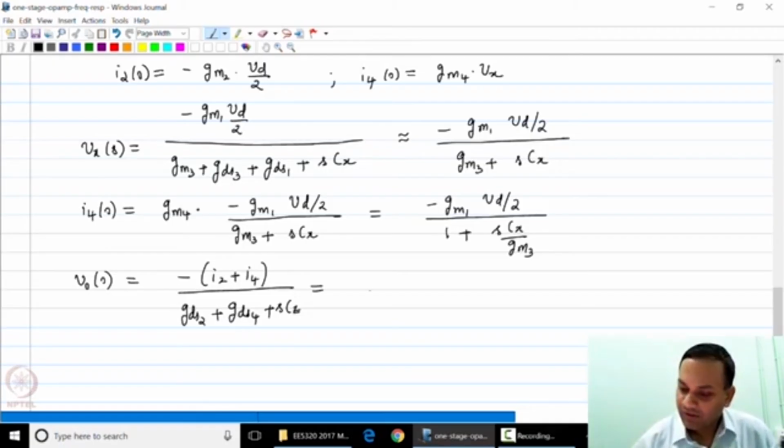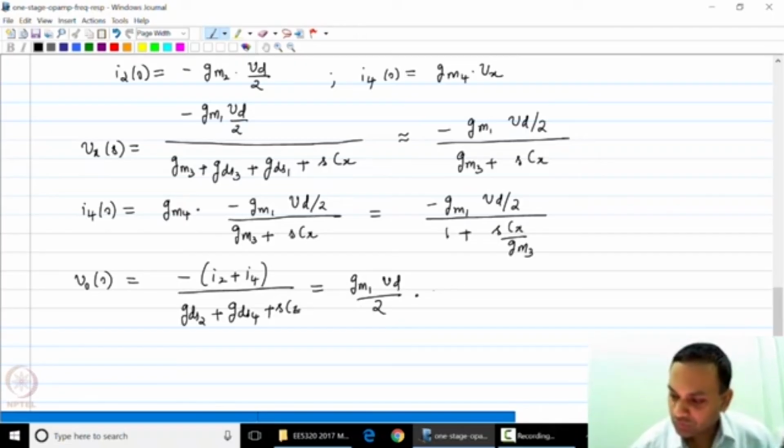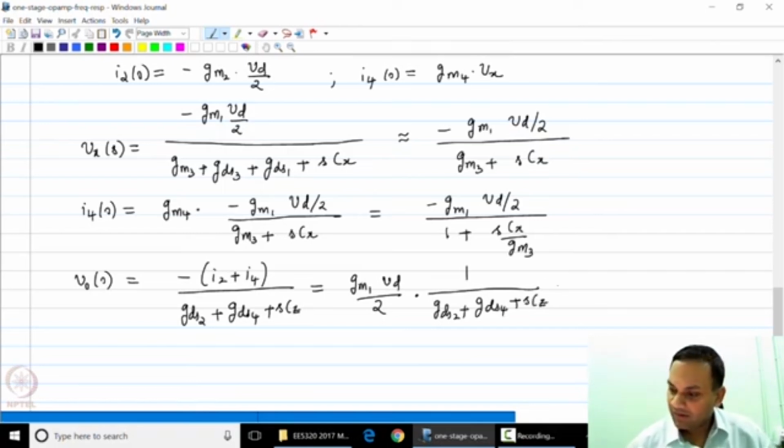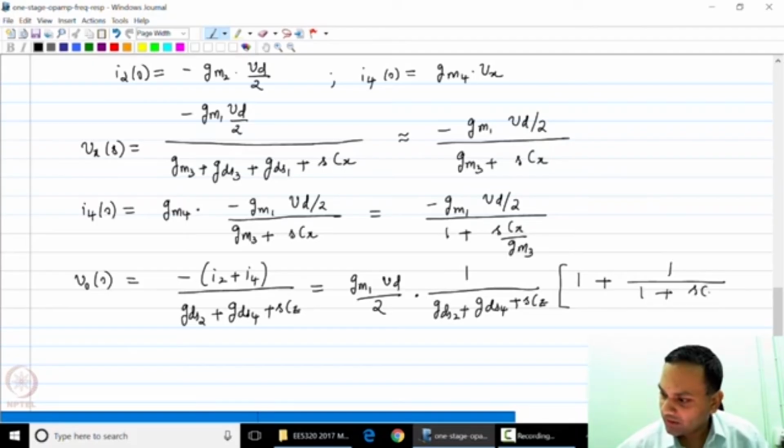This is clearly GM1 Vd by 2 over one over GDS2 plus GDS4 plus SCZ times 1 plus one over 1 plus SCX over GM3.